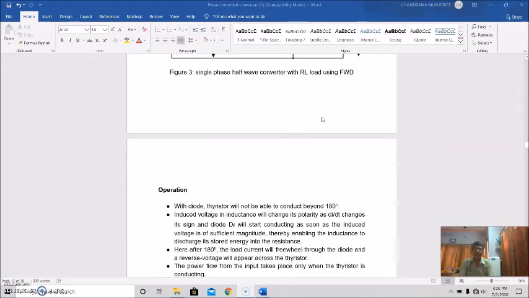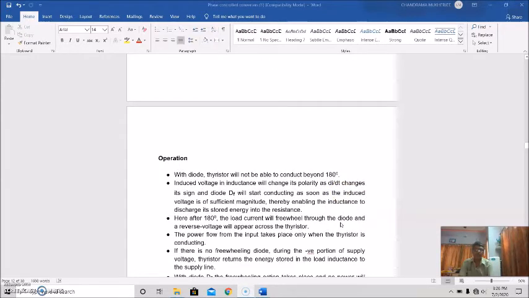Now the operation is like this. With the diode, the thyristor will not be able to conduct beyond 180 degrees, and induced voltage in the inductance will change its polarity as di/dt changes its sign. The freewheeling diode DF will start conducting as soon as the induced voltage is of sufficient magnitude, thereby enabling the inductance to discharge its stored energy into the resistance. After 180 degrees, the load current will freewheel through the diode, and reverse voltage will appear across the thyristor.